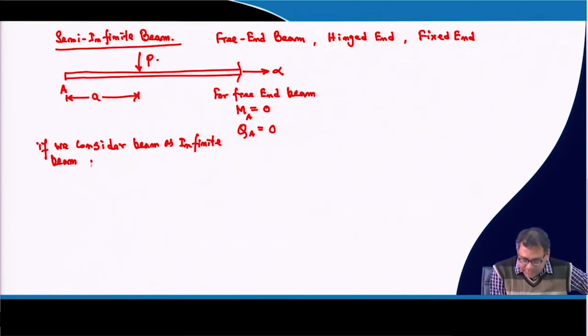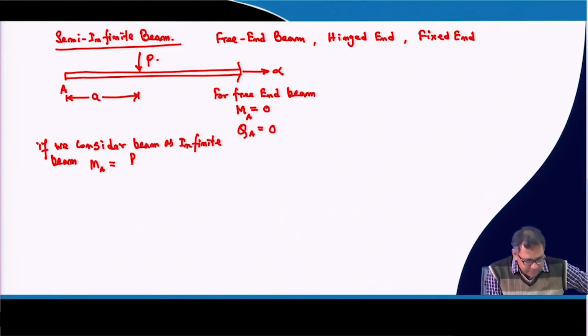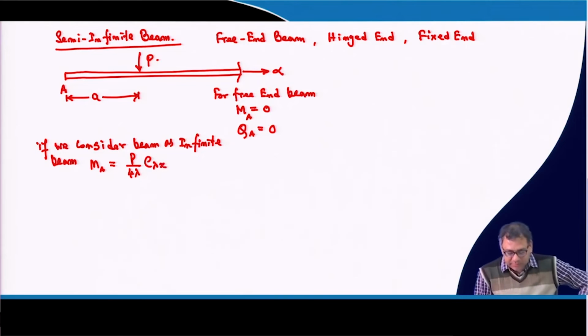then the moment at point A due to this point load will be equal to P divided by 4 lambda, C lambda x, because this is the moment at point A due to this point load.